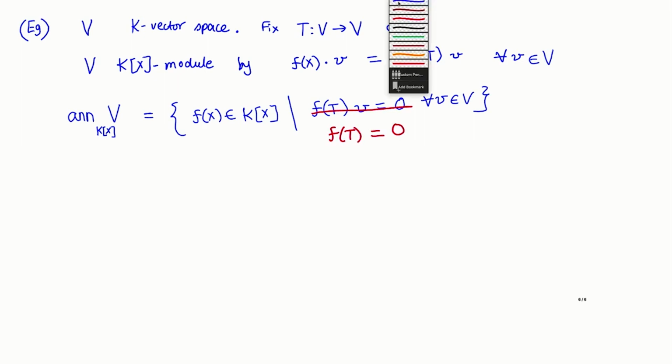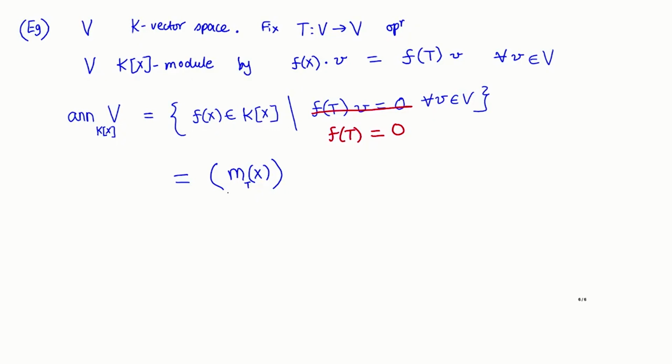Now we already said the annihilator is an ideal, and k[x] is a principal ideal domain, which means that this must be a principal ideal, generated by a single polynomial. Let's call that polynomial m_T(x), because it depends on my choice of T. What are the defining properties of this polynomial? Firstly, it annihilates T. When I plug in T, I just get the 0 operator.